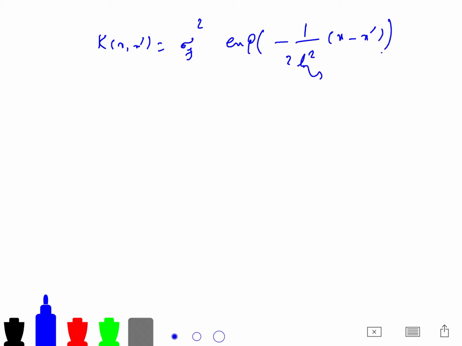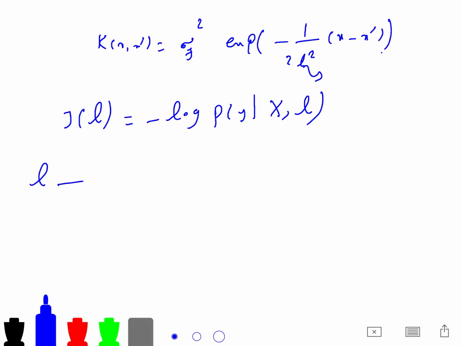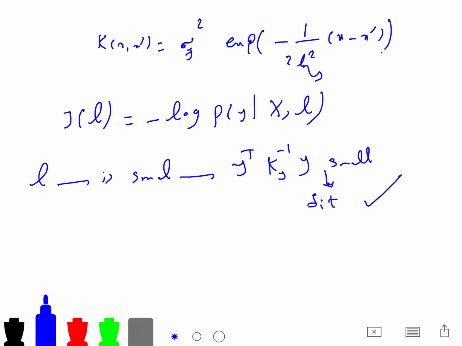So this is the next hyperparameter. We can define this in terms of the length scale, log of p of y conditioned on x and L. If this L is small, you observe that y transpose Ky inverse y is small. So the fit will be good, the fit is okay, but the model complexity is bad.